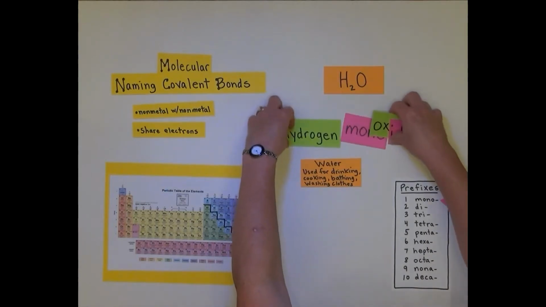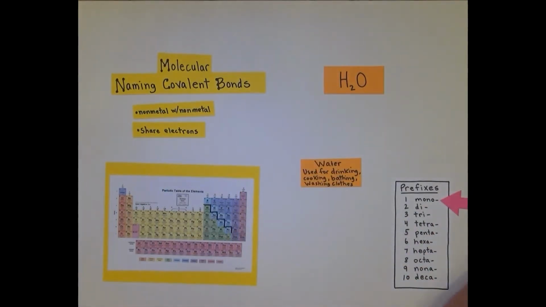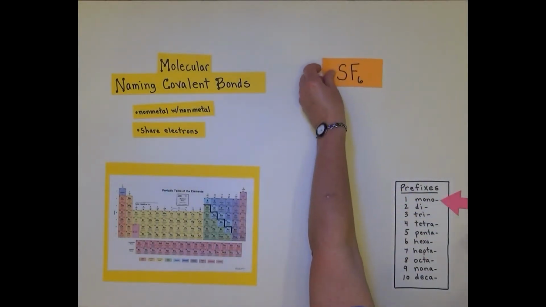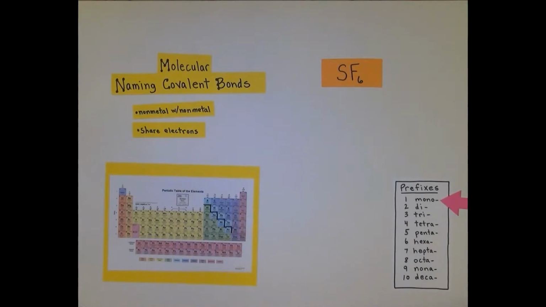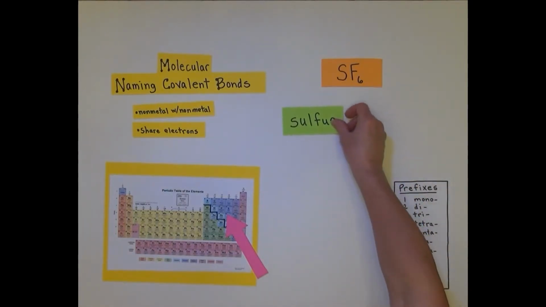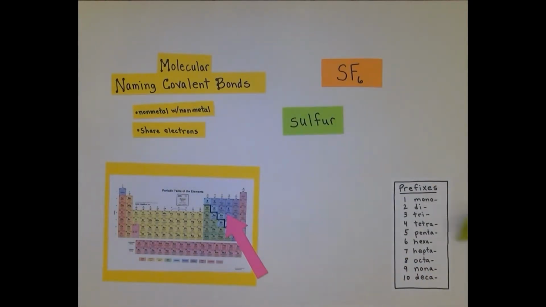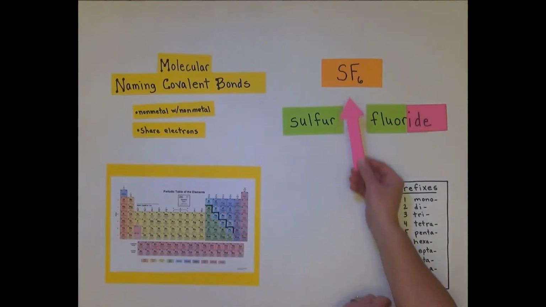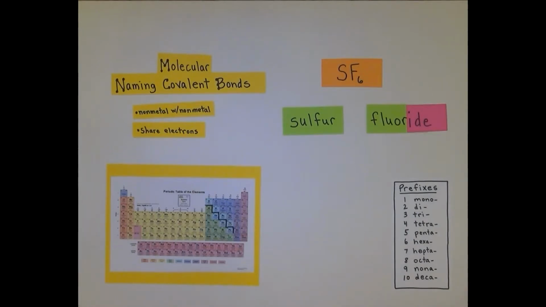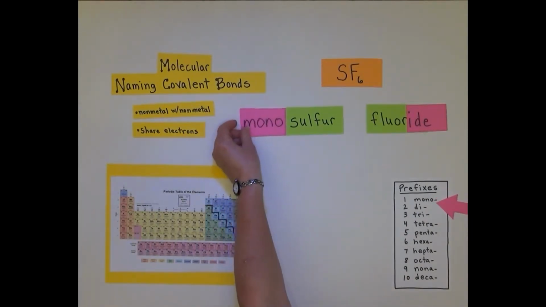Alright, so let's try another one. We're going to try this one next. SF6, and we look on our periodic table for S, and that is sulfur. So we're going to put sulfur right here, and then the F is fluorine. After we've done that, we're going to change the ending of the second to fluoride, and then we're going to take a look at our prefixes. And here we have 1 sulfur, so we find the mono and place that in front of sulfur.